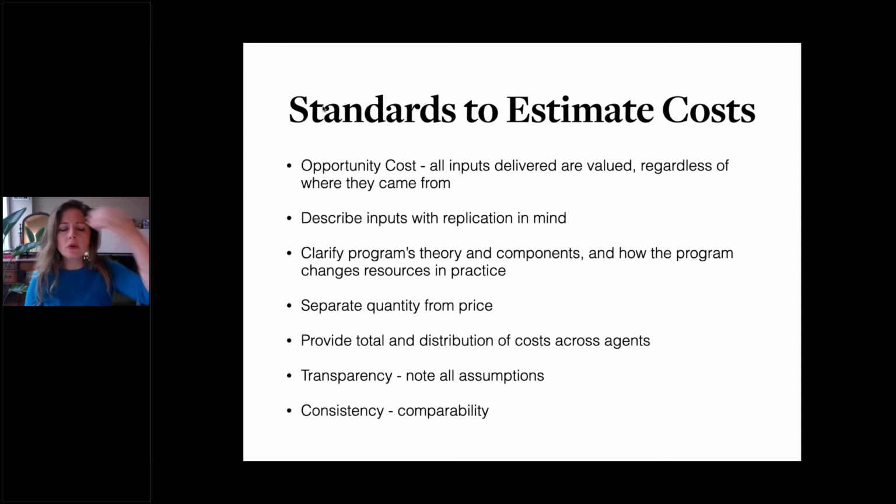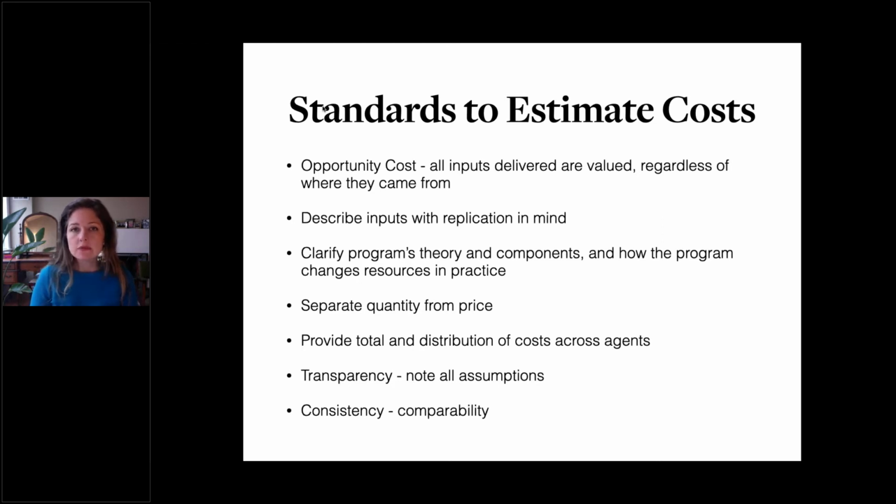This is also important in terms of the quantity and price piece. So we separate quantity from price so that we can understand not just the cost value of a particular set of resources, but so that we can say, well, we need 100 teachers, and the 100 teachers need to attend 1 day of training. And then the 100 teachers each spent approximately 20 minutes per week preparing for the lessons that they delivered.